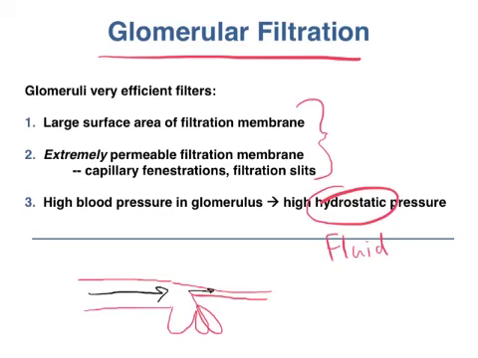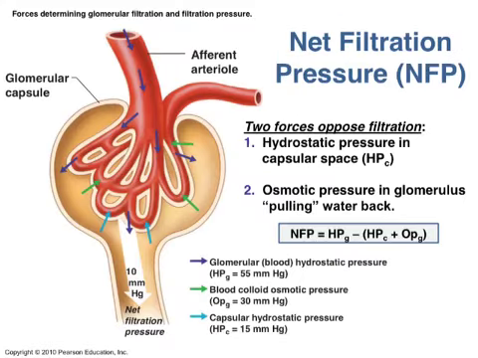Now, if you think back to the cardiovascular system and learning about bulk fluid flow at capillary beds, you can start to understand the interaction of different forces at the glomerulus, the forces that can affect glomerular filtration. So you have this hydrostatic pressure, that's these dark blue arrows. This hydrostatic pressure is basically pushing fluid out of the glomerulus.